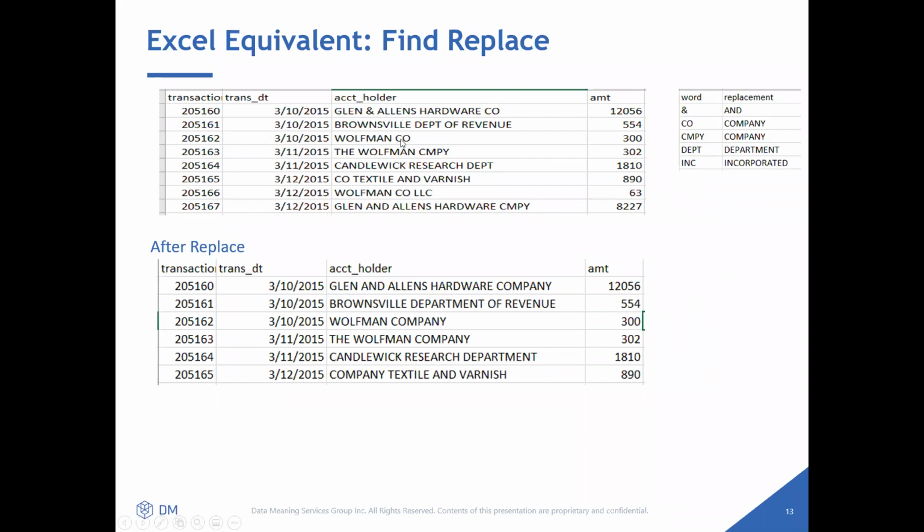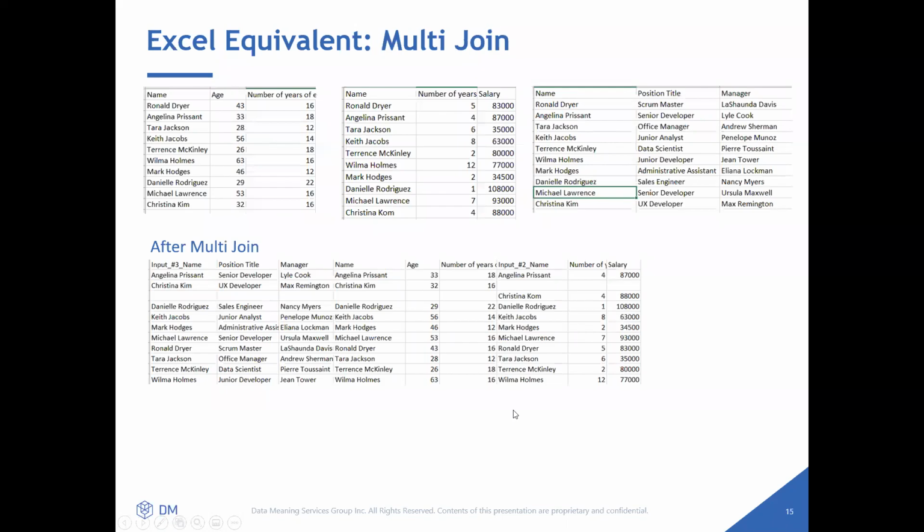So this is nice because for every row that you have in your replacement data set, it's going to go ahead and make all of those changes at the same time, as opposed to if I was trying to do this manually using a find and replace in Excel. I would end up having to run multiple instances of this find and replace in order to make all the changes that I want.